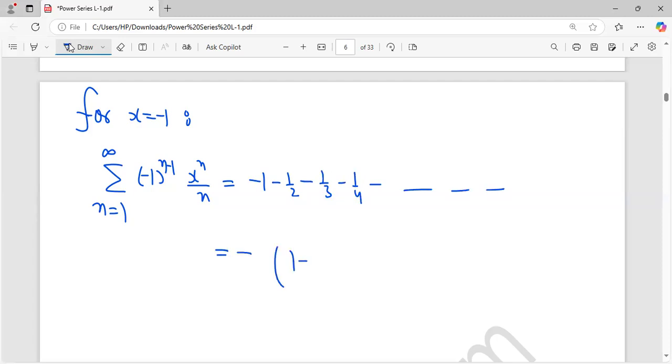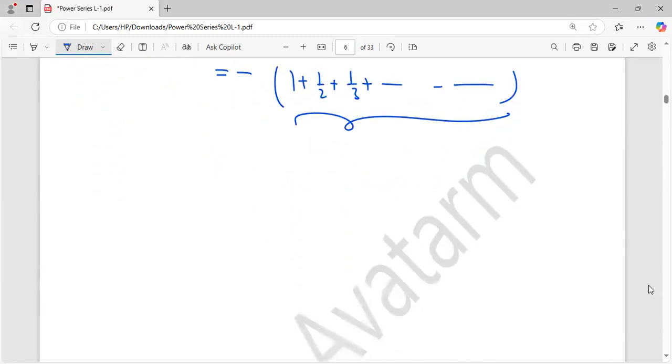But this is nothing but minus of 1 plus 1 by 2 plus 1 by 3 and so on. But this series diverges.